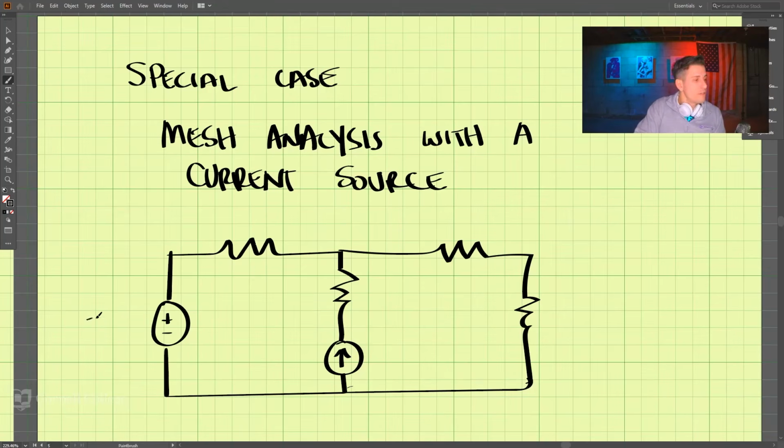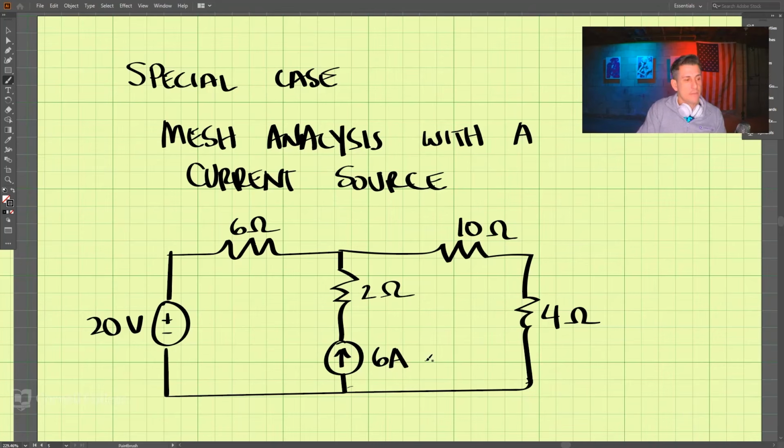This is 20 volts. Up here is 6 ohms. Over here we have 10 ohms. And we have 4 ohms here and 2 ohms. And this current source is 6 amps.